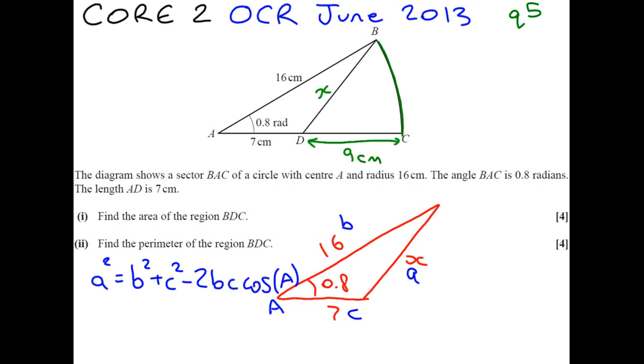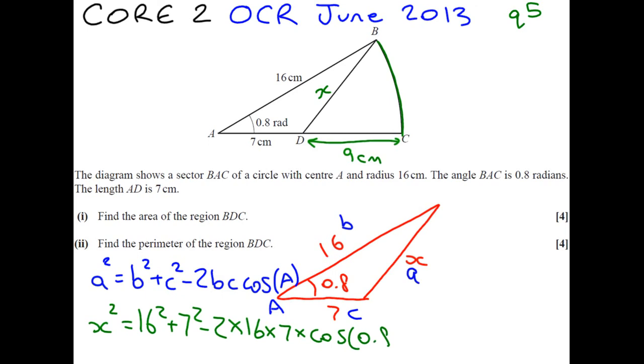Now let's substitute into our formula. The unknown a, or as we call it x squared, equals 16 squared plus 7 squared, take away 2 times 16 times 7 times cos of 0.8, making sure you're in radians.